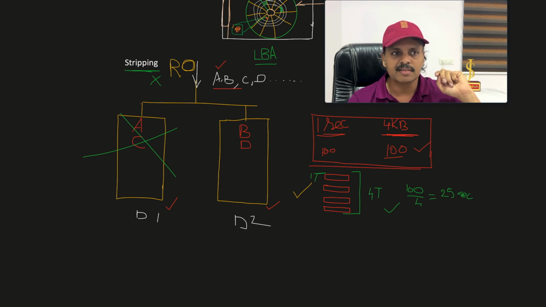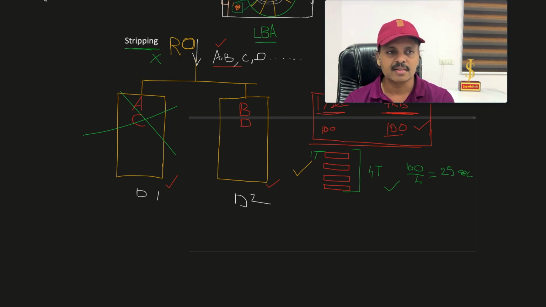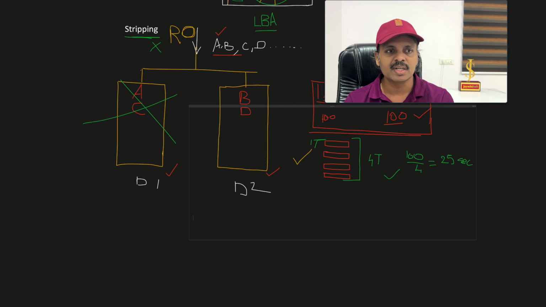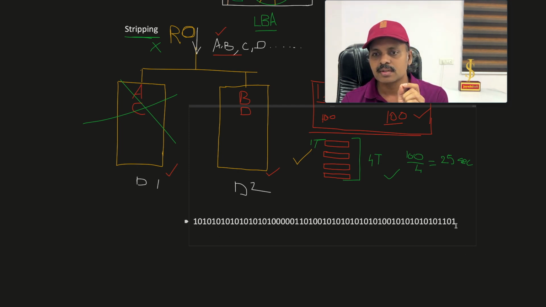For my sake, let me give you a little more understanding. When I say a block, what is your understanding? A block is nothing but some series of zeros and ones. Though I call it A1, whatever I call it, it is a series of zeros and ones of the block size used in the operating system or at your RAID controller level.